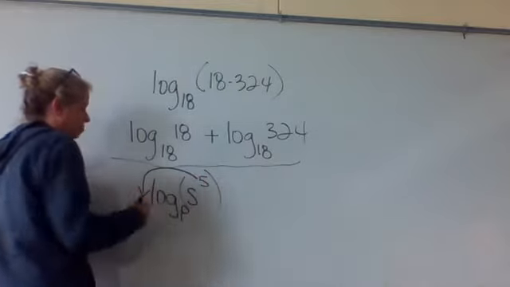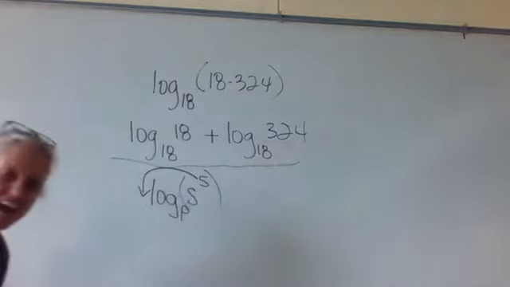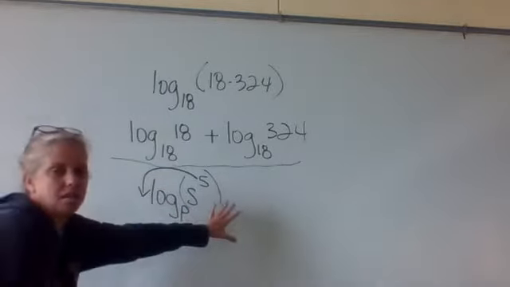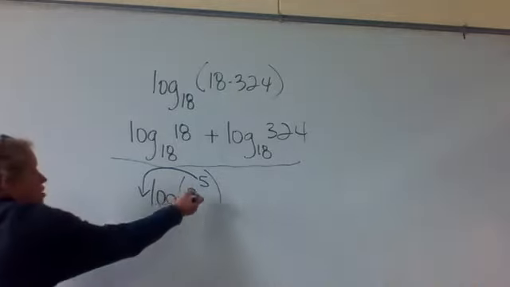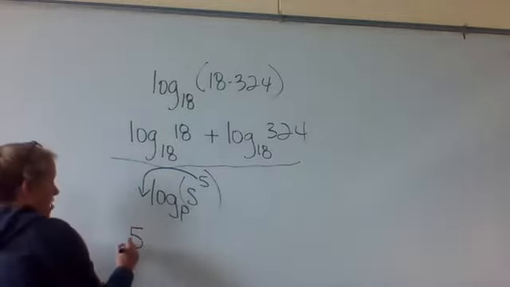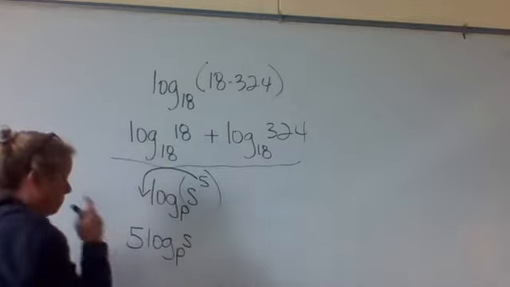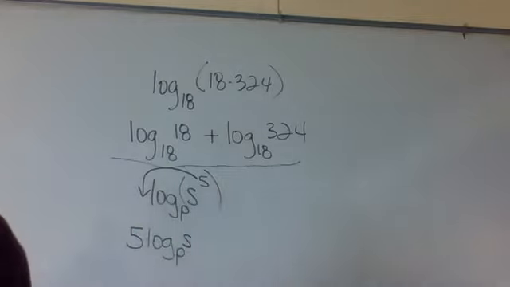That tells me I can bring that exponent down and make it whatever that number is times the log. So that's where we are just bringing that exponent down. So you have 5 times log base P of S. So just bringing that exponent down in front.